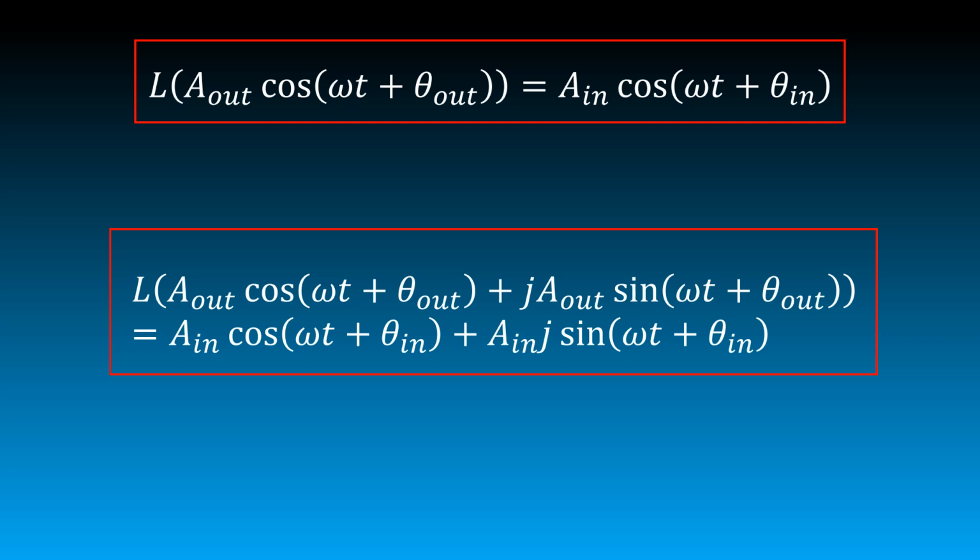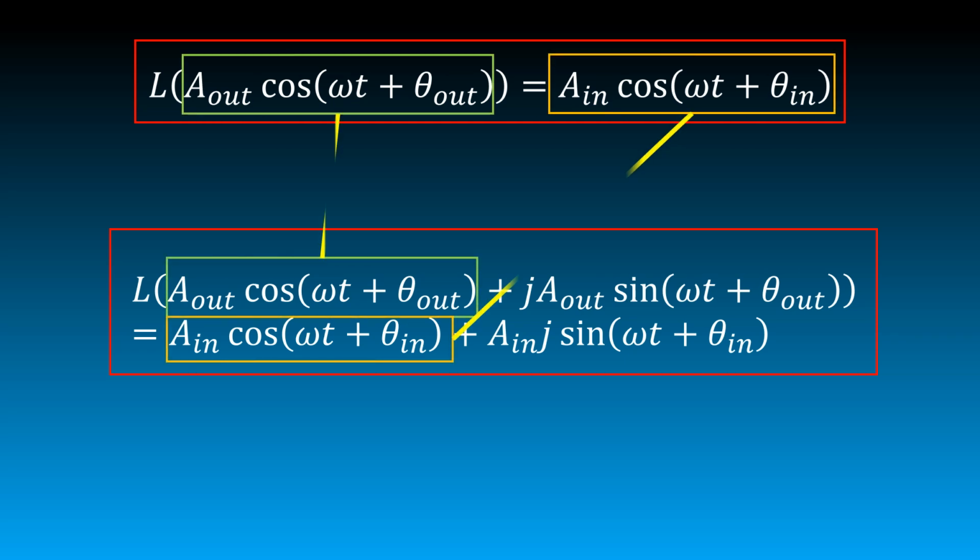And so we see that since the real part of our complex sinusoidal input is actually our sinusoidal input that we have in the top box, therefore, for our complex sinusoidal output, the real part is the sinusoidal output in the top box, as you can see with these connections.